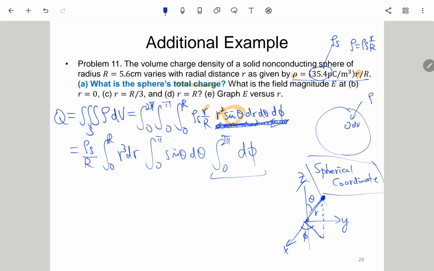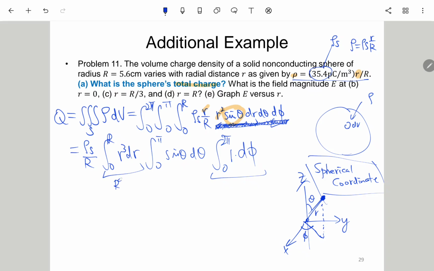If you don't like this expression, you can just consider it is 1 times d phi. Actually, we can simply write it like this, or if you like, write it as 1 times d phi. It is okay. So all these 3 integrations are easy to calculate.